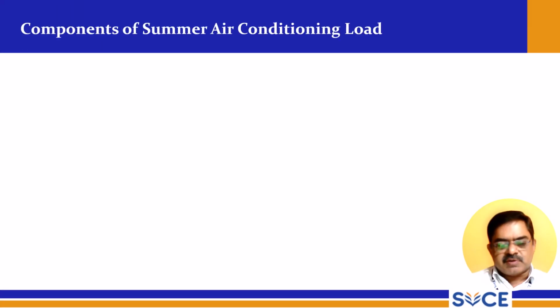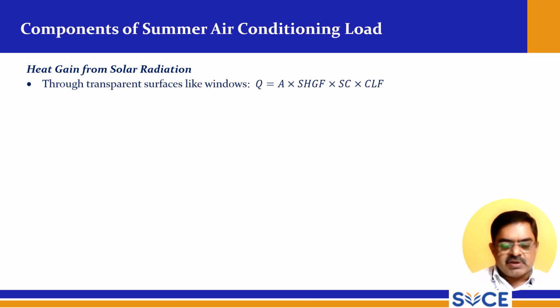Components of summer air conditioning load: the heat gain from solar radiation. We have seen solar radiation at the beginning of this unit and how it impacts the air conditioning load, and we are recollecting that. Heat gain from solar radiation through transparent surfaces like windows: Q equal to A into SHGF into SC into CLF.